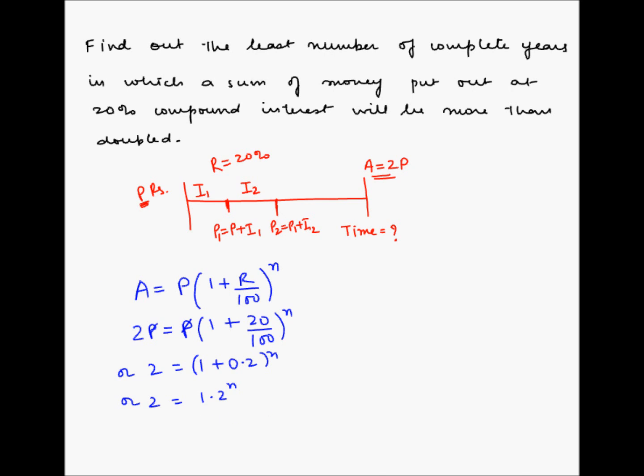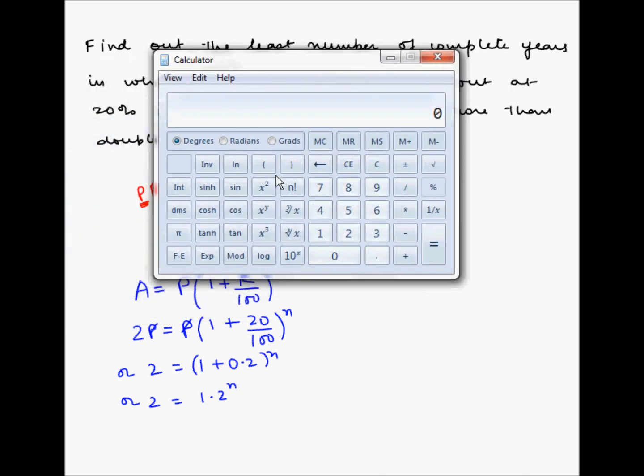So let me use my calculator here. So 1.2 to the power 1 is of course 1.2, which is less than 2. 1.2 squared is 1.44, which is also less than 2. 1.2 cubed is 1.728, which is also less than 2. So let's take the next number.